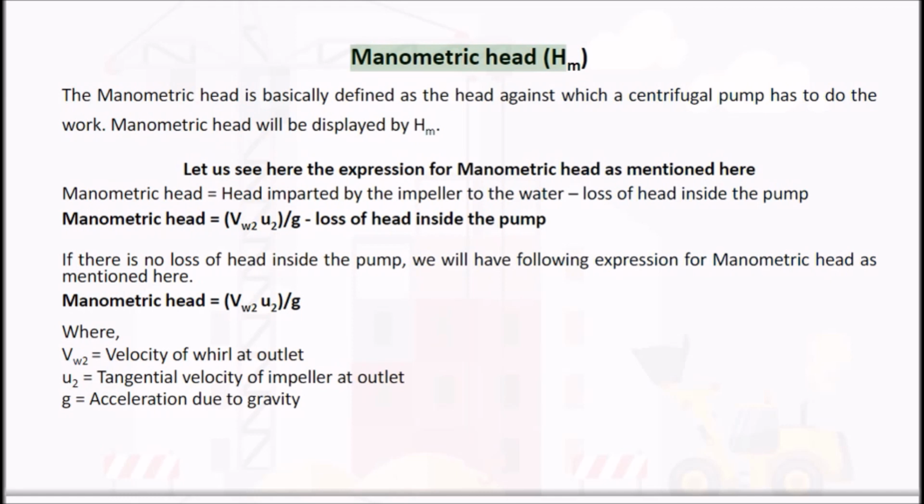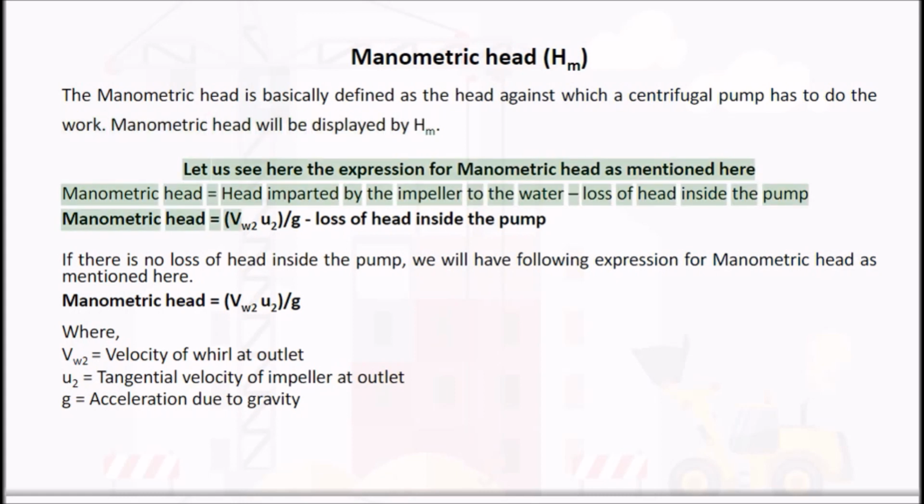Manometric head, HM. The manometric head is basically defined as the head against which a centrifugal pump has to do the work. Manometric head will be displayed by HM.